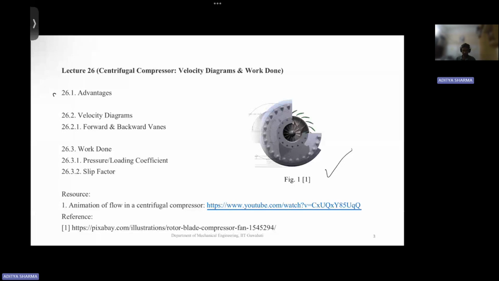First is the advantage of a centrifugal compressor. So a couple of advantages have been enumerated. The major advantage is that it provides better protection from foreign objects. And its stage pressure ratio for a single stage is quite high, that is of the order of 4:1.